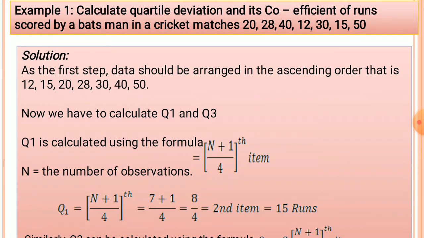Now we have to calculate Q1 and Q3, the lower quartile and upper quartile. Q1 can be calculated using the formula (n plus 1) by 4th item. N stands for the number of observations.